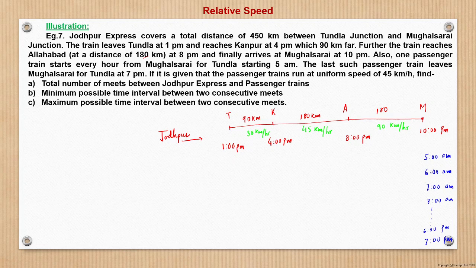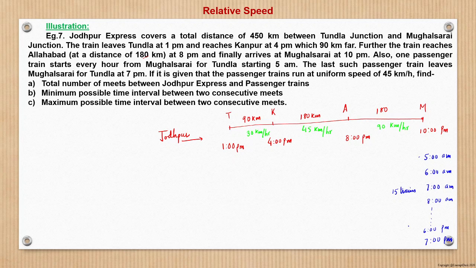From 5 a.m. to 12 is 7 and from 12 to 7 is 7, and including both the ends we add 1. So basically it becomes 15 trains in total.